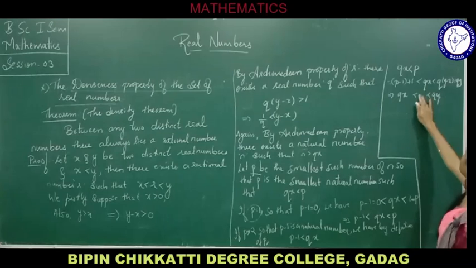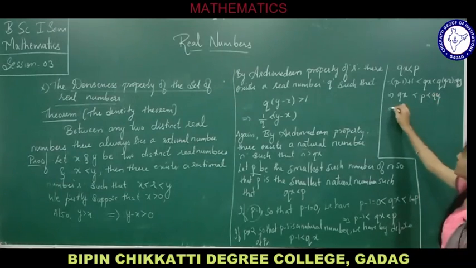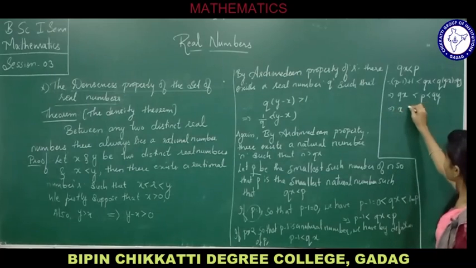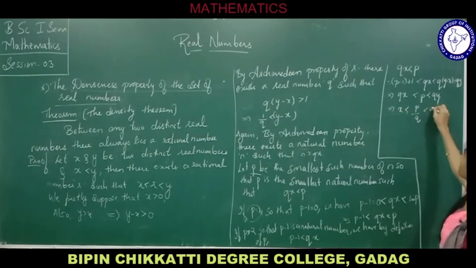This X is less than P by Q and this is going to be less than Y, where P by Q is obviously a rational number.